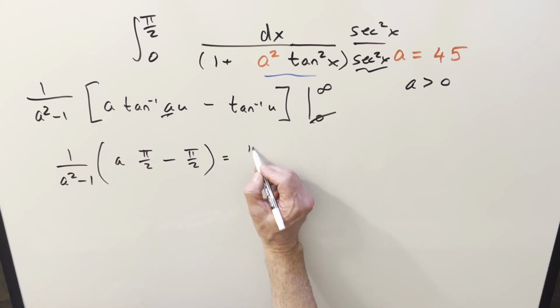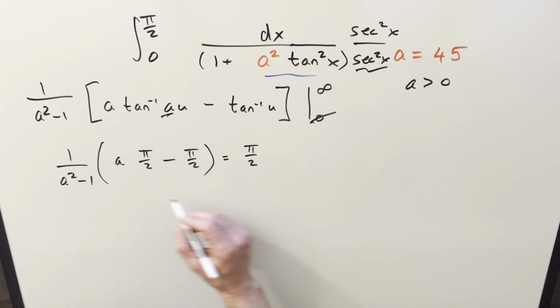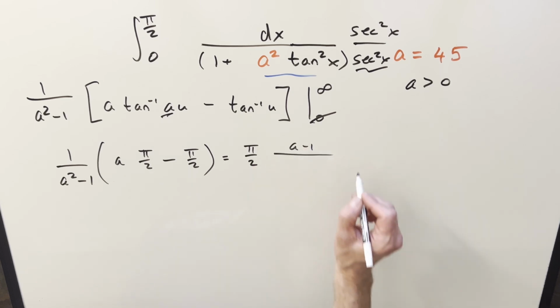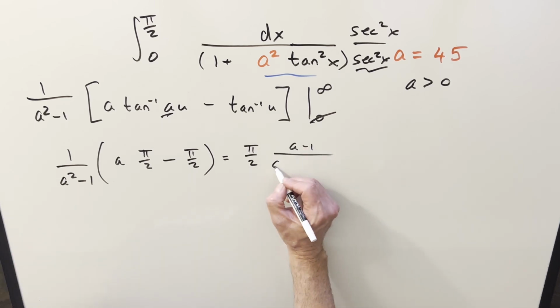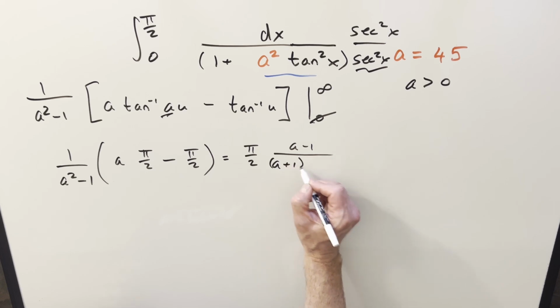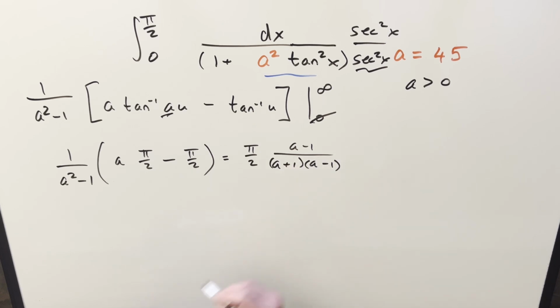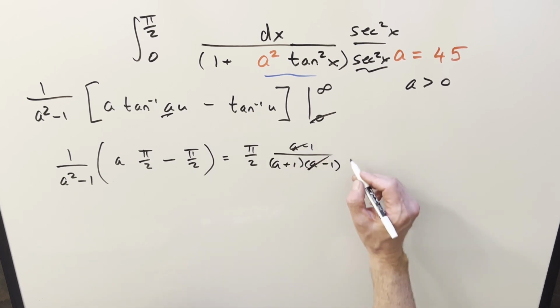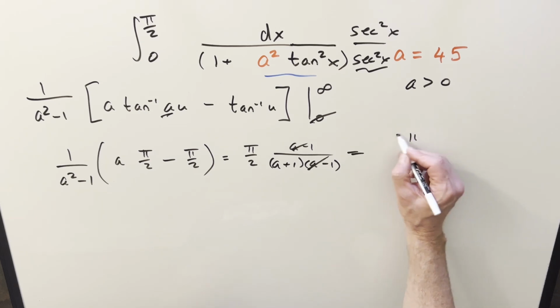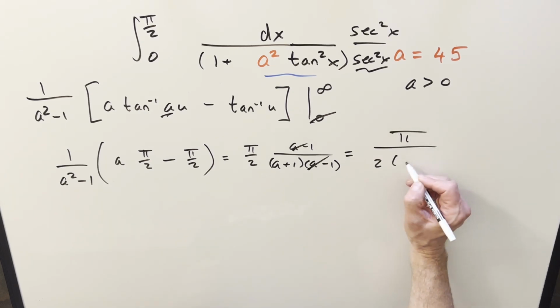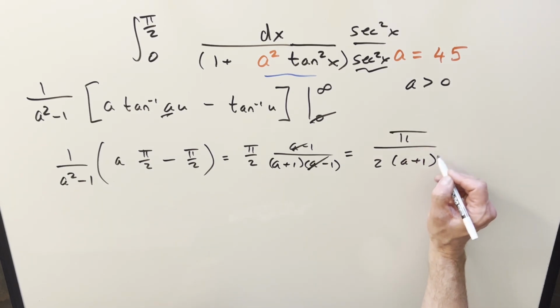If I factor out the pi over 2, what's in here is a minus 1. a squared minus 1 is a difference of two squares, a plus 1 times a minus 1. The a minus 1's cancel, and our general formula is pi over 2 times 1 over a plus 1, and that's it.